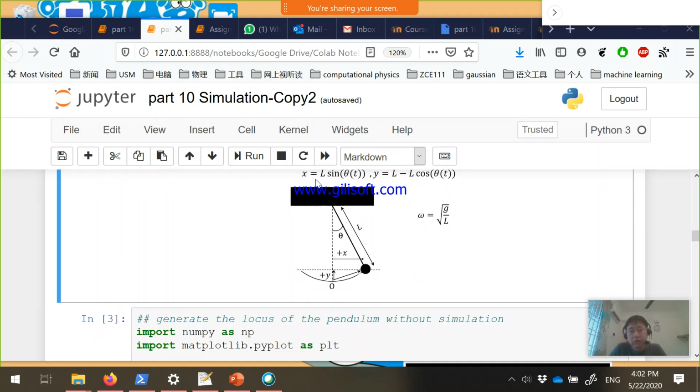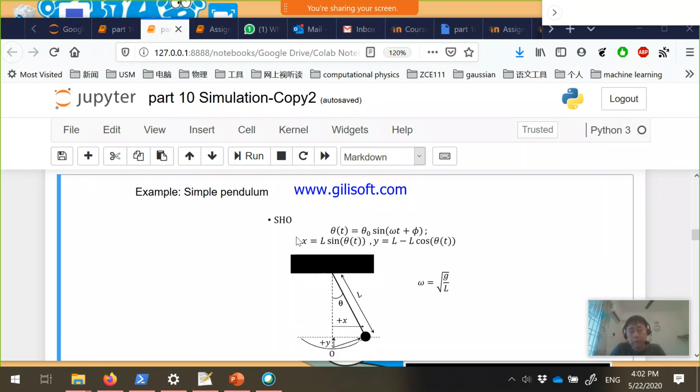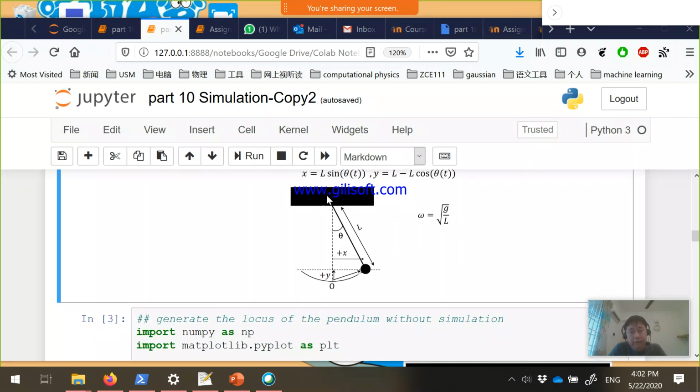When you simulate, you change x, you change y. The point can only be calculated or displayed on the screen in terms of x and y, so you have to translate the angle into x and y. So you first refer to the reference point. Before you do any simulation, you must make sure that you know where the reference point is.